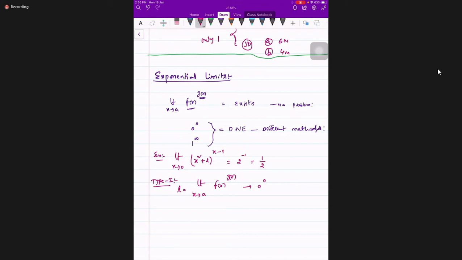Yes, correct. Log function. You know it. That's what I'm waiting for.